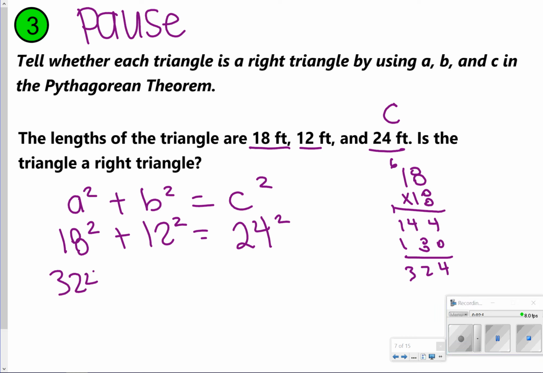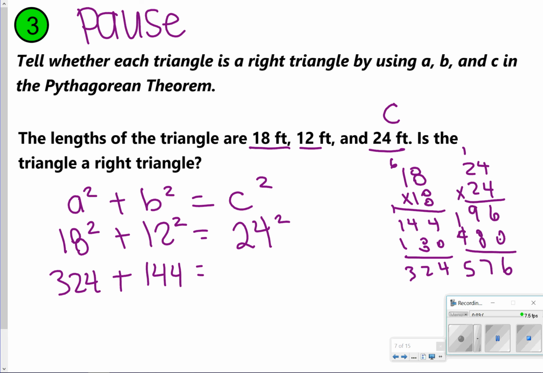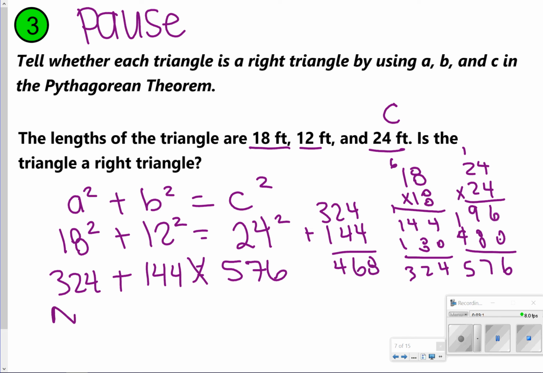I know 12 squared is 144, and I did have to do some work for 24 times 24. 24 times 24 is 576, so I just make sure it is 324 plus 144 equals 576. Obviously, it's not going to give me that, so we're going to say no, because a squared plus b squared does not equal c squared.